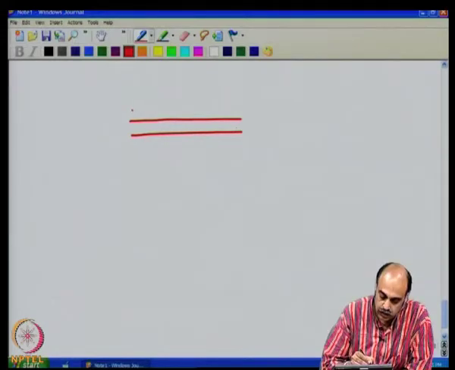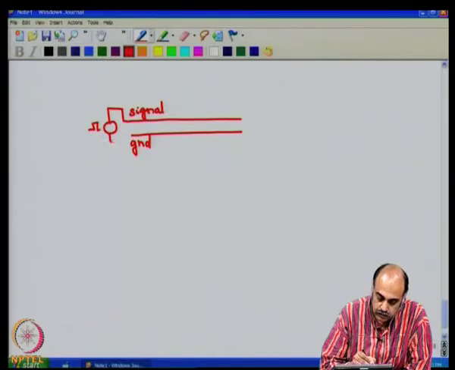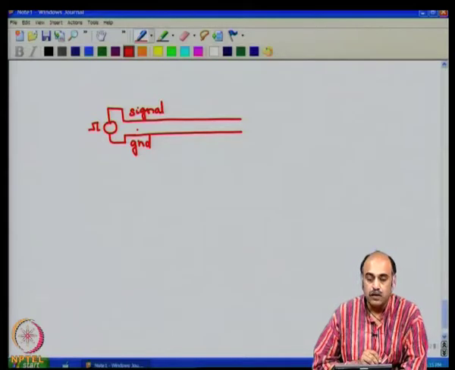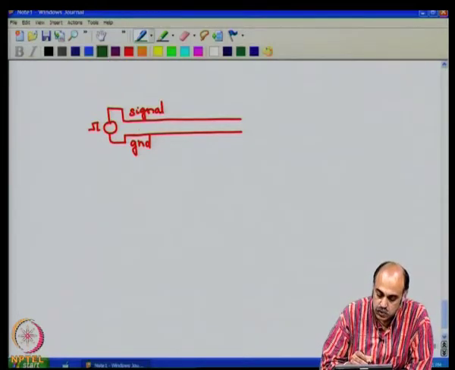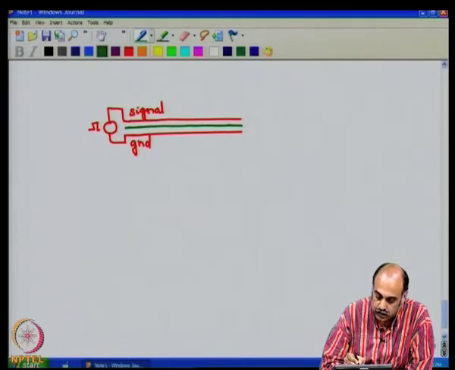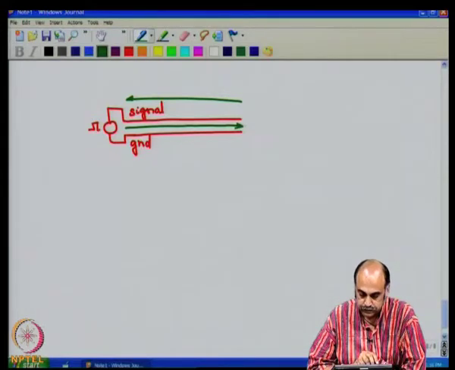You take a signal track and the ground, and if you have some source here, you will see that the frequency is so high that the wave propagation from here to here and then back here is of the order of the rise time of the signal.